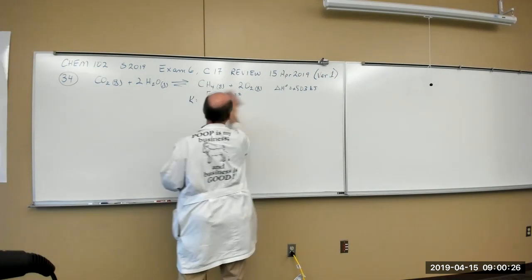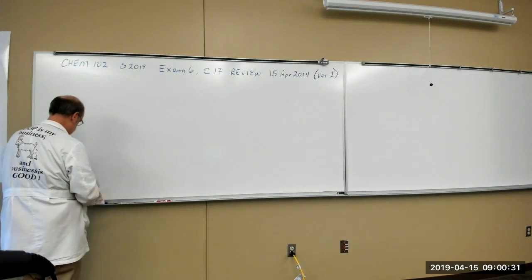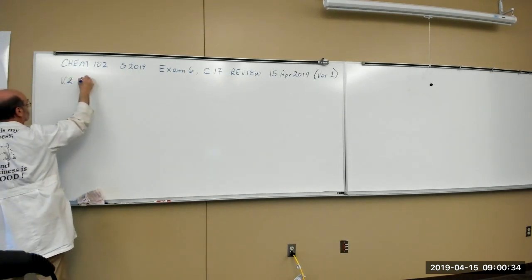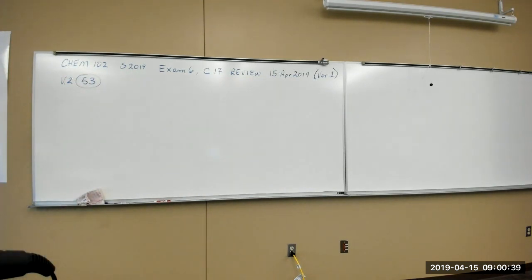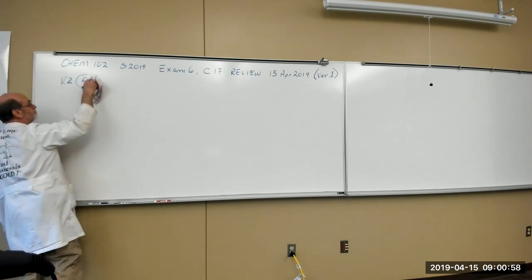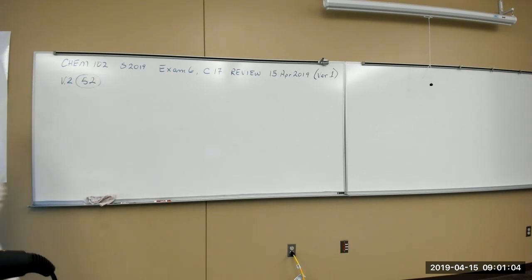So I figured since we're on that topic, we'll look at version 2, 53. I think maybe 52 is the one with the graph. Yeah, it's got a graph. It would be number 52. Okay, yeah, you're right. The one with the graph.